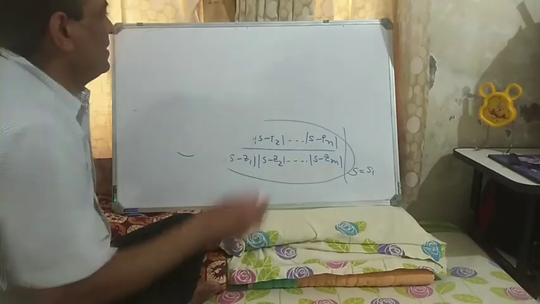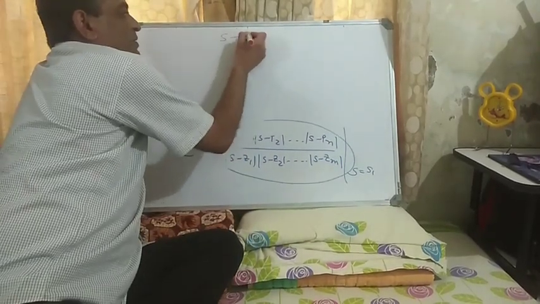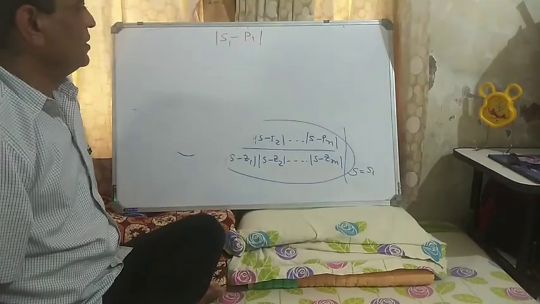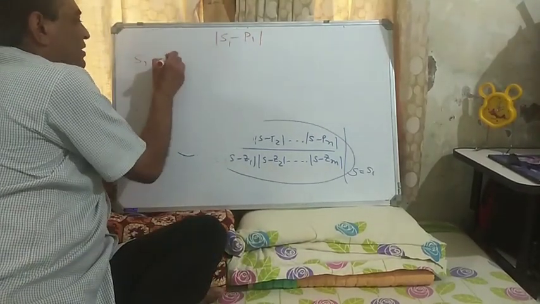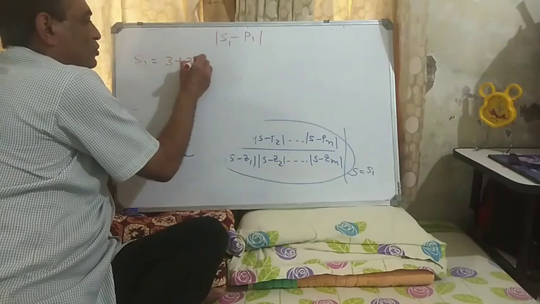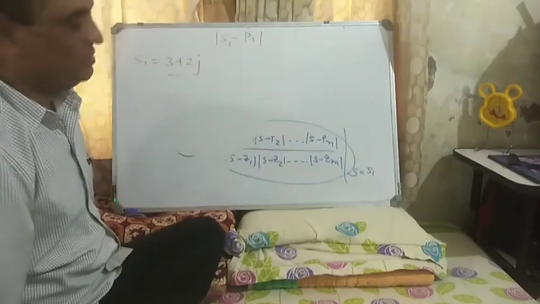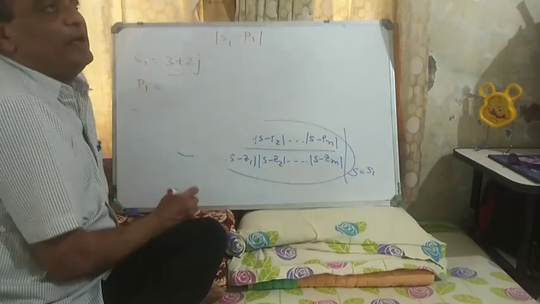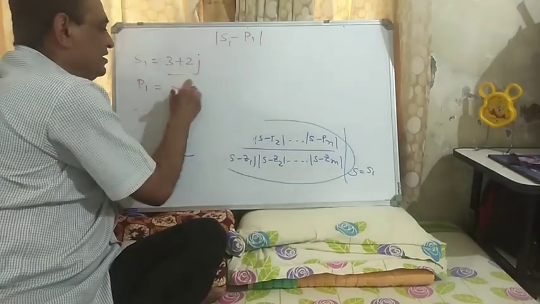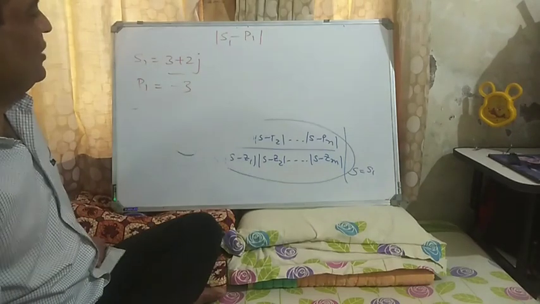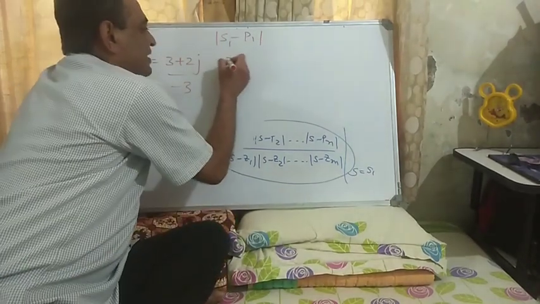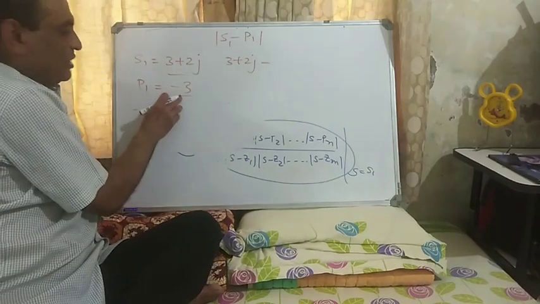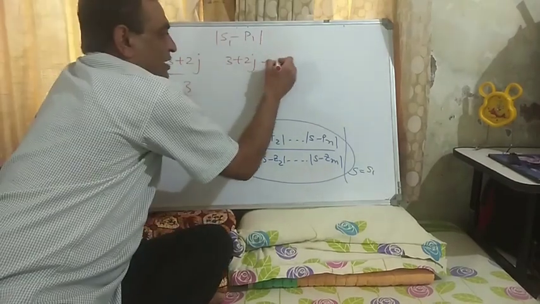Let's say I want to get s1 minus p1, where s1 is any point, let's say 3 plus 2j. It can be a real point also. And my p1 is, let's say, a pole at minus 3. So how will you calculate this? s1, that is 3 plus 2j, minus p1, which is minus 3, and take the magnitude.